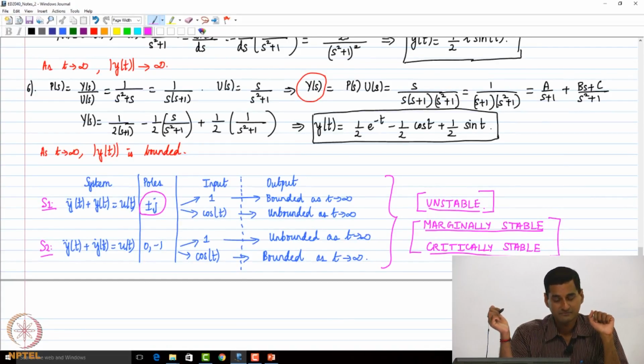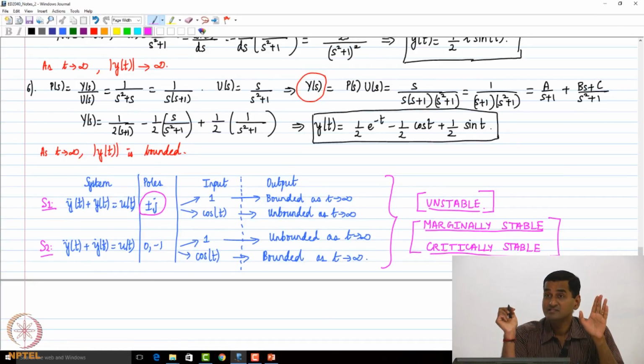And the same goes for S1. For example, for a class of systems of S1, if the poles were at plus or minus 10j, and you give cos 10t or sin 10t, the output is going to blow off to infinity as time t tends to infinity. That is the bottom line. But this is true only when you have what is called a non-repeating pole on the imaginary axis.